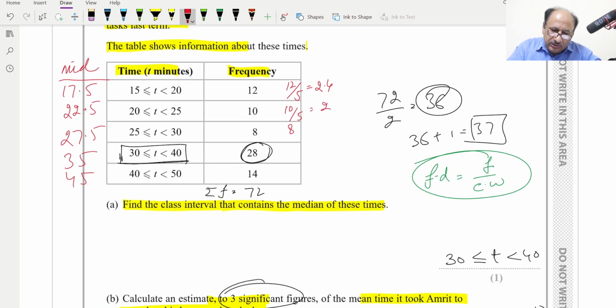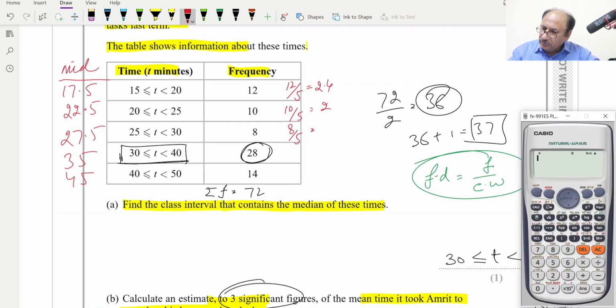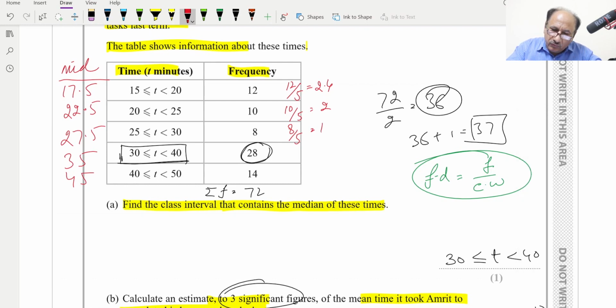And 8 divided by 5 is equal to 1.6. And 28 divided by 10 will be equal to 2.8, and similarly 14 divided by 10 is equal to 1.4.